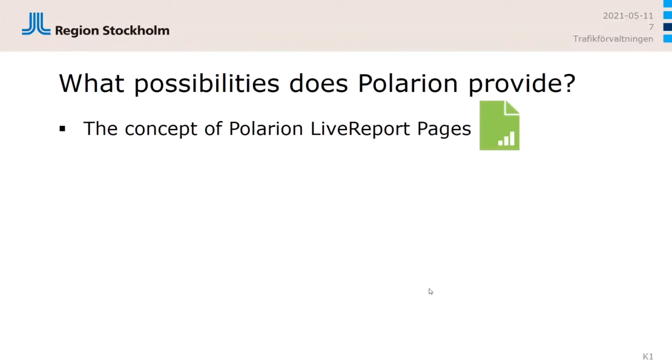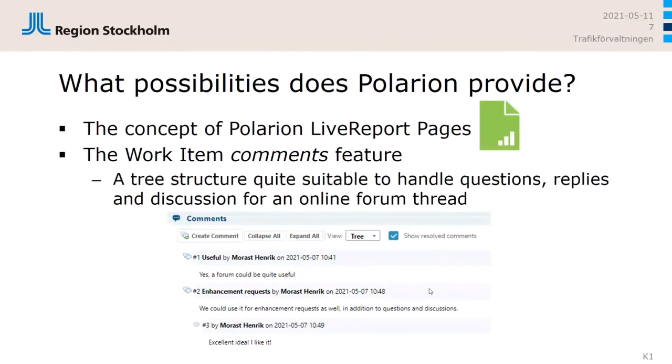But luckily we have the work item comments feature of Polarion. You know that for all work items you can have comments where people can contribute to the work items, place questions and point out things. And when you think about it, it's quite convenient and suitable to use for a forum thread, because it's a tree structure where you can comment things and you can reply on a comment, and you can place another comment there, and you can reply on that one.